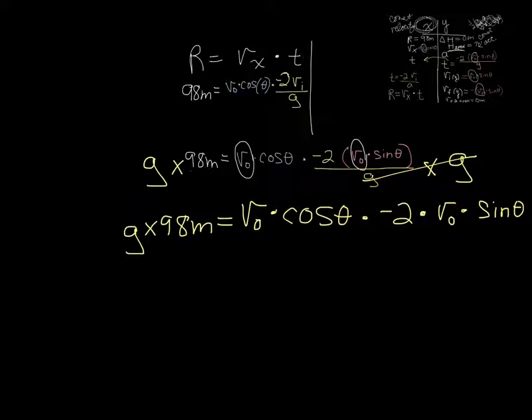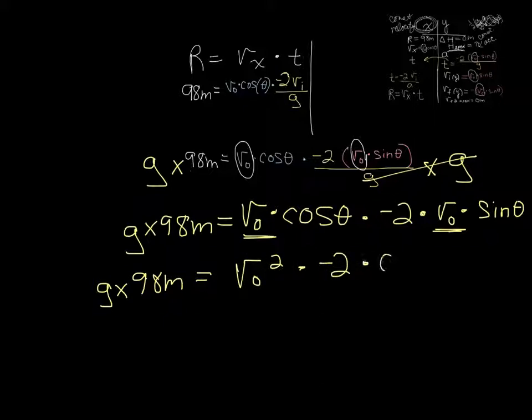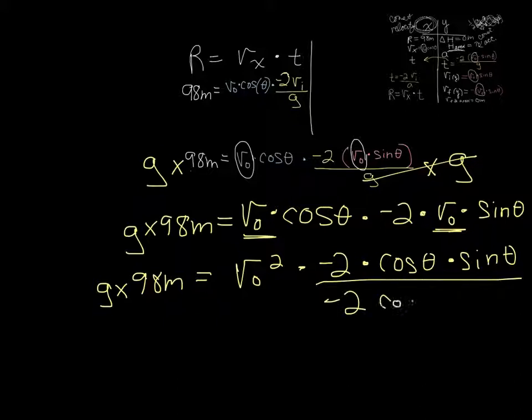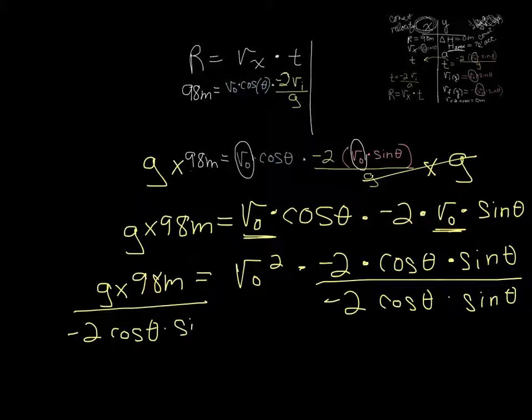So simplifying another step, we still have g times 98 meters is equal to, if I combine my v naughts, v naught squared times negative 2 times cosine theta times sine theta. So now I'm going to get v naught all by itself. Let me divide this whole thing by negative 2 cosine theta times sine theta.